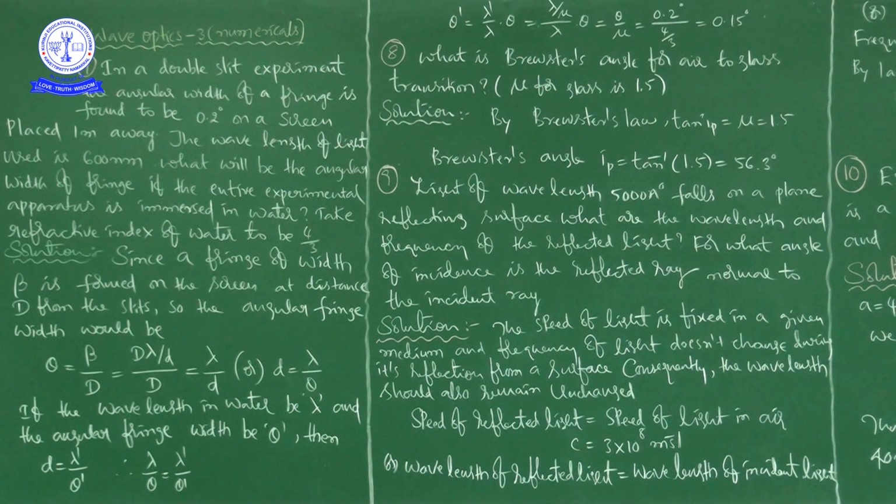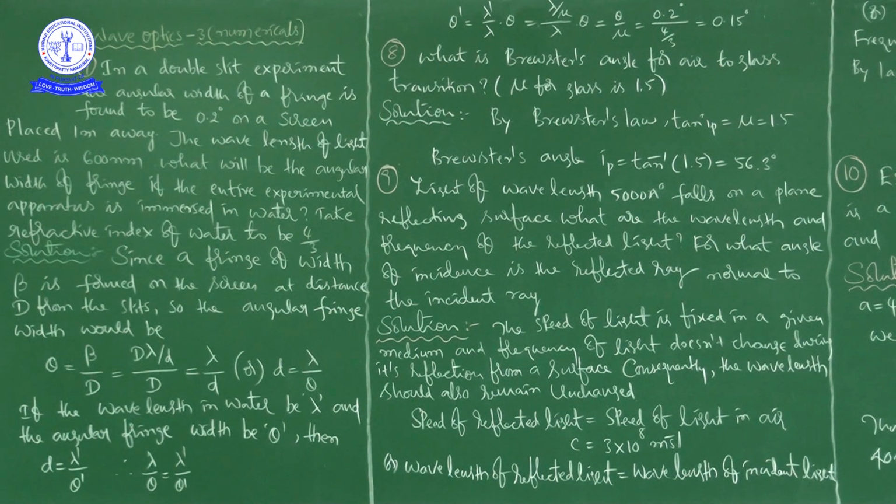Because in air we are assuming lambda and theta, here we are assuming lambda dash and theta dash. So if the wavelength in water be lambda dash and the angular fringe width be theta dash, then d is equal to lambda dash by theta dash.